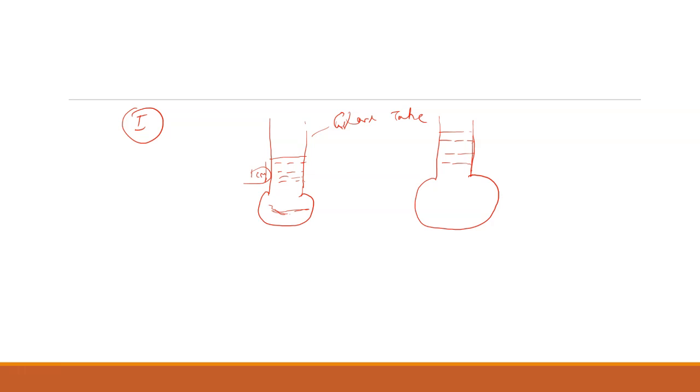So what does it show? It shows that the pressure exerted by water at the bottom of the container depends upon the height of the column.